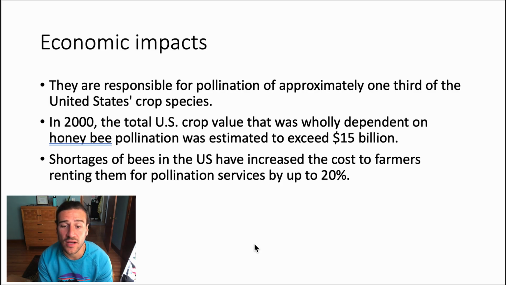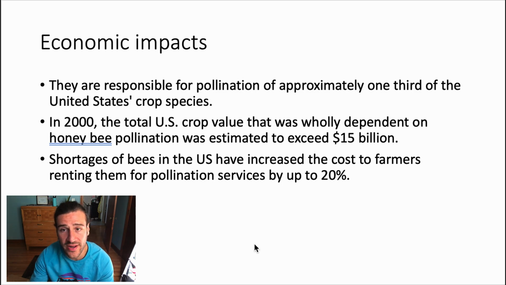Shortages of bees across the US have increased, and huge farm complexes are actually renting these pollinators. So literally you have to import bees, and there are companies that rent out colonies of bees so that your crop actually gets sufficiently pollinated.